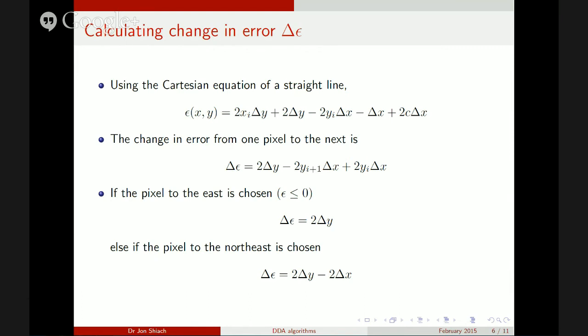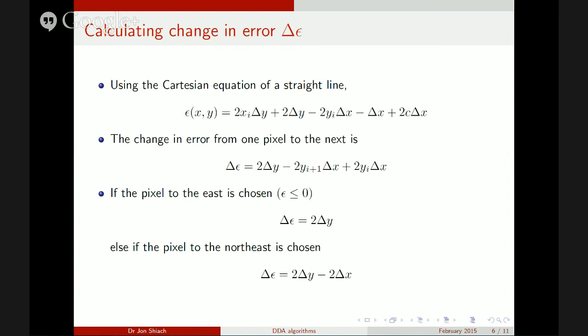So given a set of coordinates, I end up with a function for my error, which is essentially what we've got written down here. I'm just writing down exactly the same. So that's my error function.